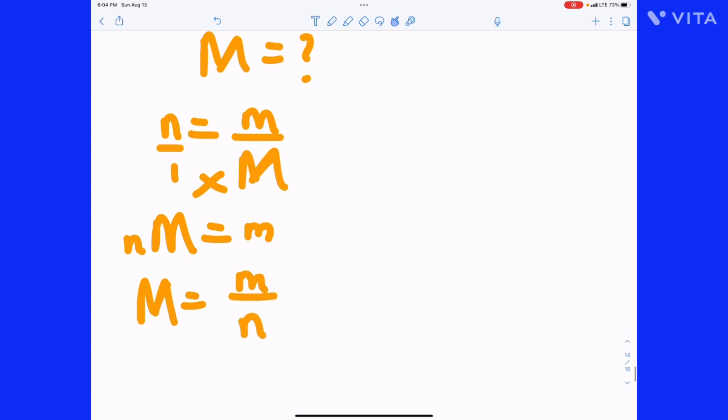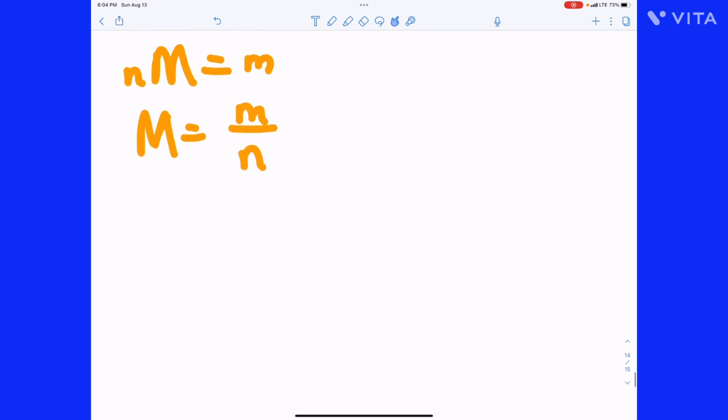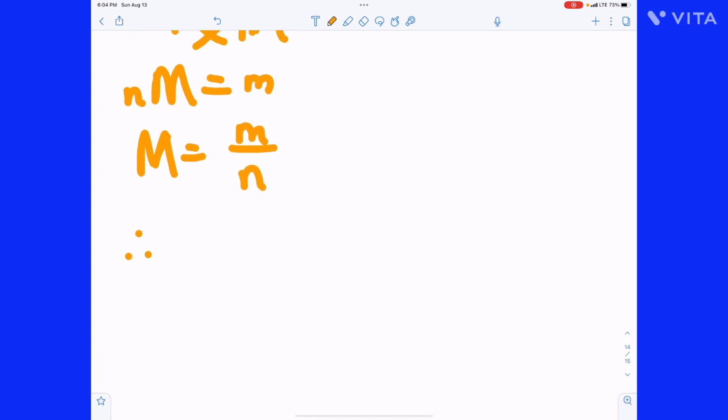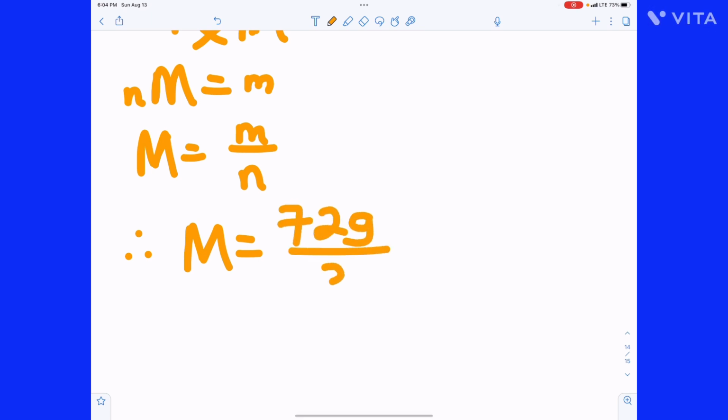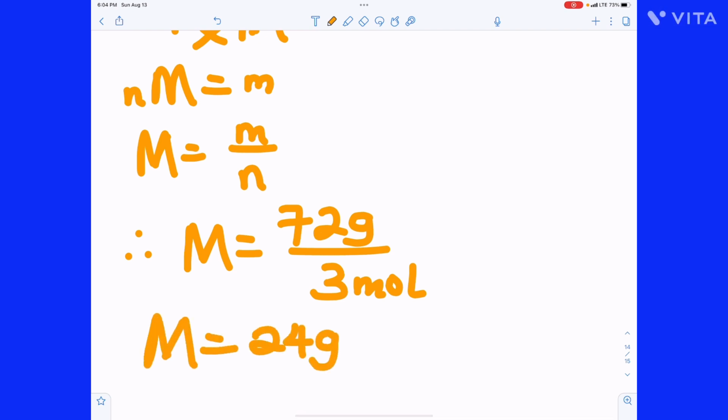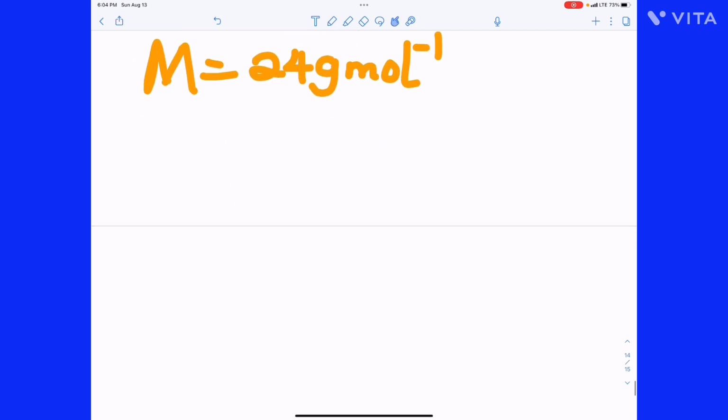So the molar mass is 72 grams over 3 moles. So the molar mass of the metal is 24 grams per mole. Take note of that question. Question 10 now.